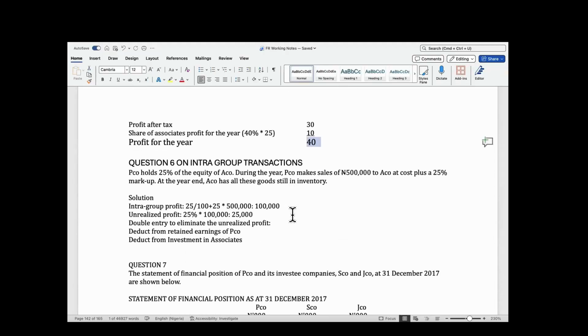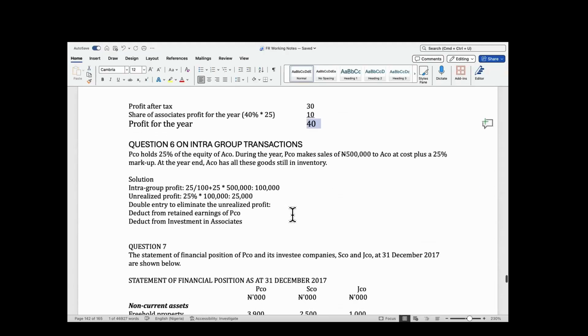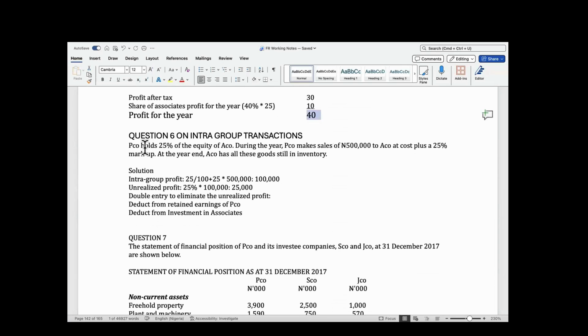Now, another question. It says PICO holds 25% of the equity of ACO. During the year, PICO makes sales of 500,000 to ACO at cost plus 25% markup. At the end, ACO has all these goods still in inventory.